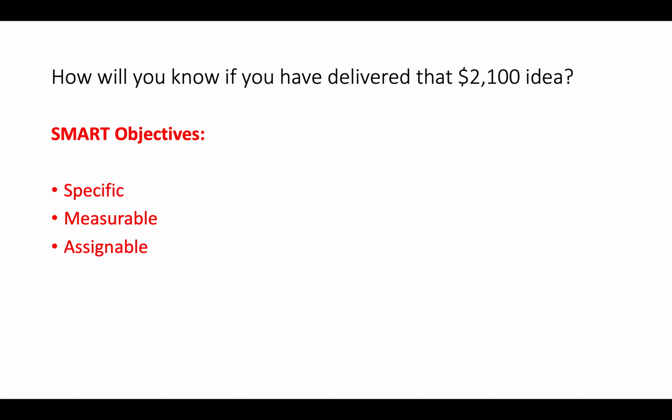It needs to be assignable. The objective is realistic. Finally, the objective needs to be time related. So this is what we mean by setting up SMART objectives. SMART means specific, measurable, assignable, realistic, time related.